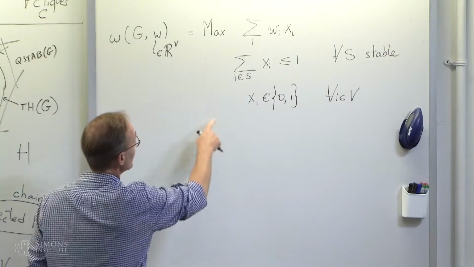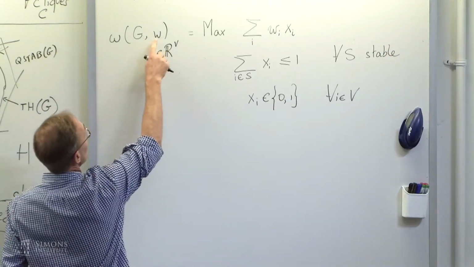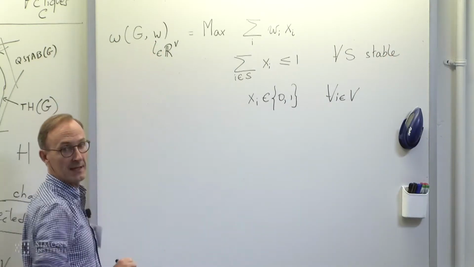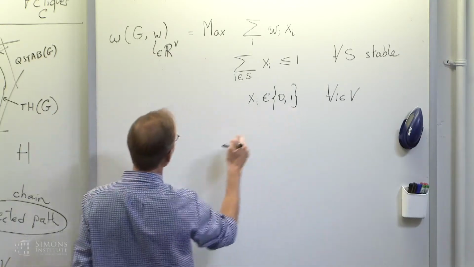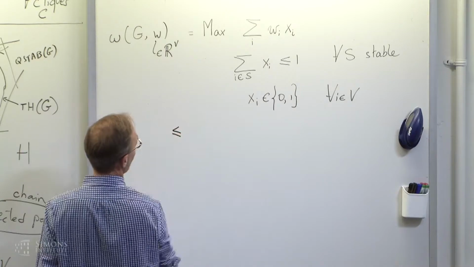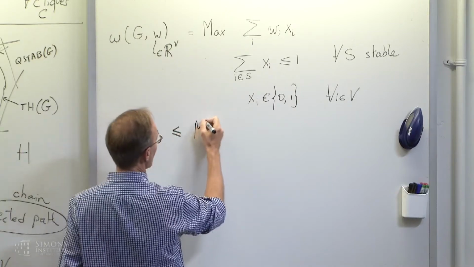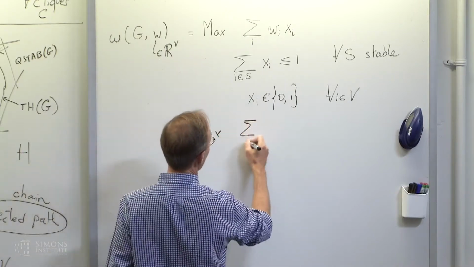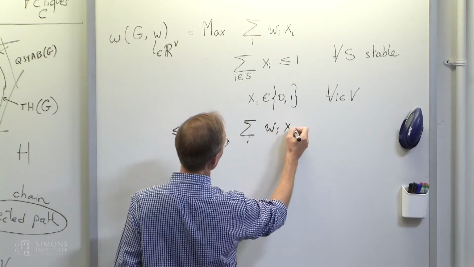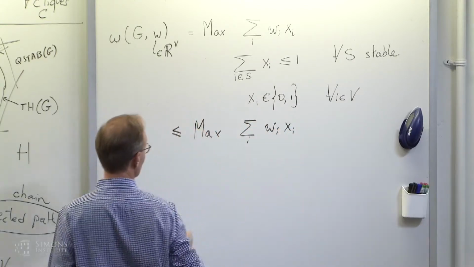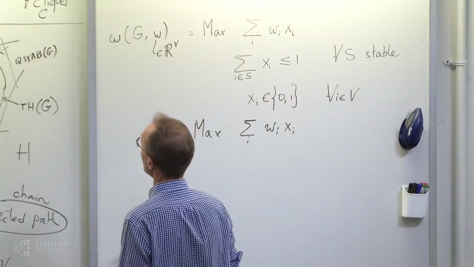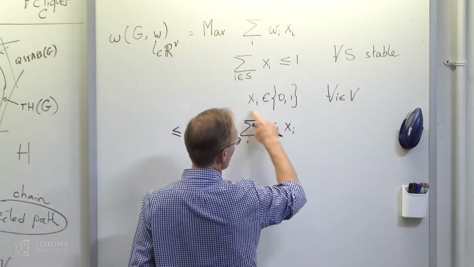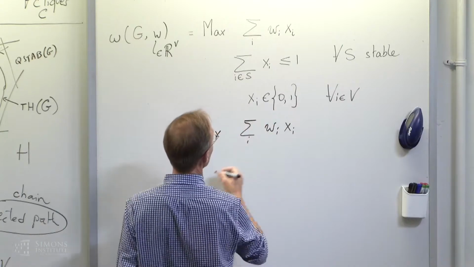So this is an integer program defining the maximum weight clique in a graph. And then I could relax these and get a linear program. So I get an upper bound, which is maximizing the sum over i of wi xi, subject to x satisfying all these constraints, and also xi being non-negative.